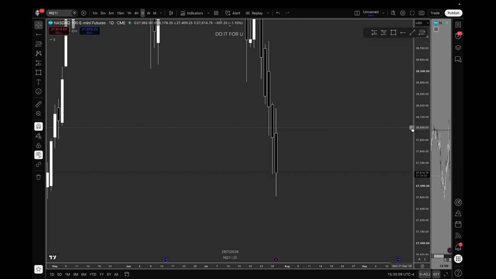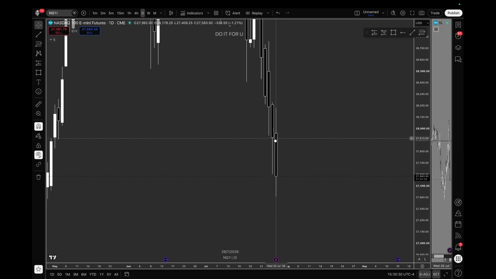So if we're looking at the daily chart, I noticed that Tuesday's daily candle closed below Monday's low. So I'm going to be bearish because, one, we closed below, and two, the wick low is going to be my draw on liquidity.